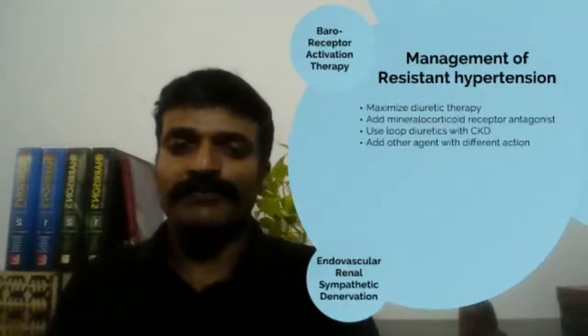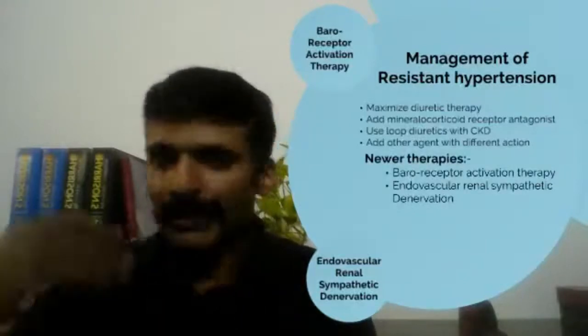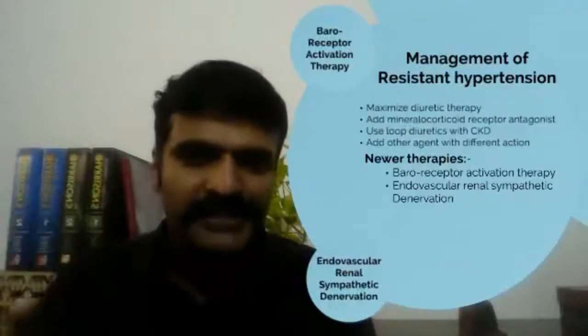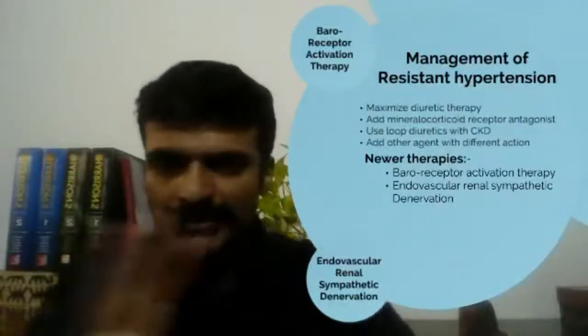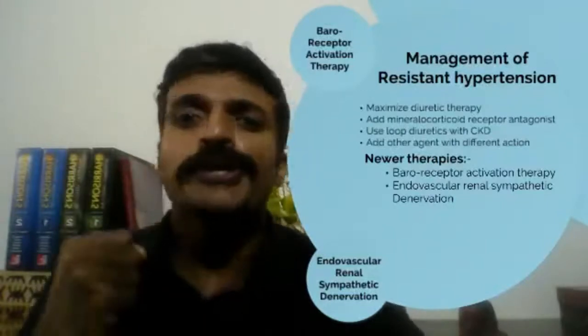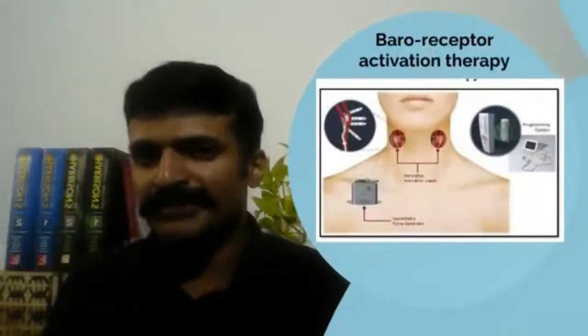There are, however, a few newer modalities of management. In our show notes, you will see a greater description of these techniques, but I'll just tell you briefly. In patients who have uncontrolled blood pressure, you can do two things. One of them is called baroreceptor activation therapy.